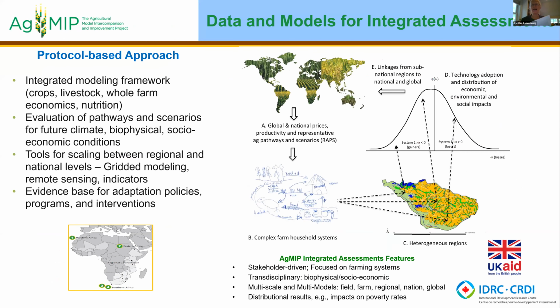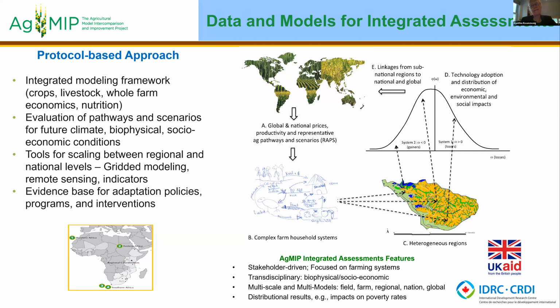Let's turn now to the data and models for integrated assessments. So here, the AgMIP flagship, I guess, or the flag, is the protocol-based approach, so that we create, with all the researchers and stakeholders involved, the integrated modeling framework that includes crops, livestock, whole farming systems, economics, nutrition, and other elements that are important for each country context.